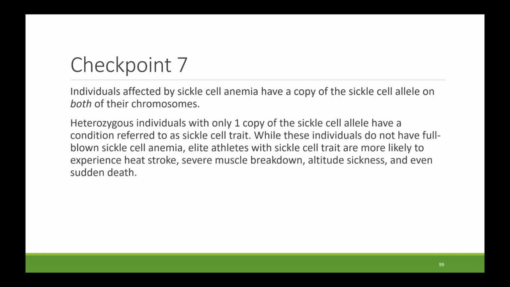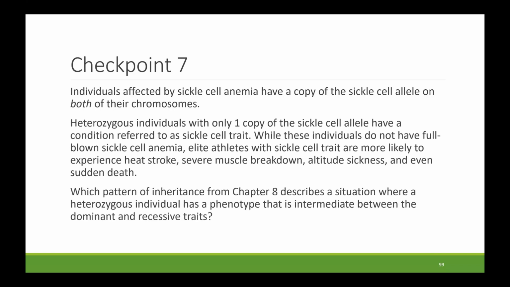And while they don't have full-blown sickle cell anemia, elite athletes with sickle cell trait are more likely to experience heat stroke, severe muscle breakdown, altitude sickness, and even sudden death when exercising. So they don't have full-blown sickle cell, but they're also not all the way normal.